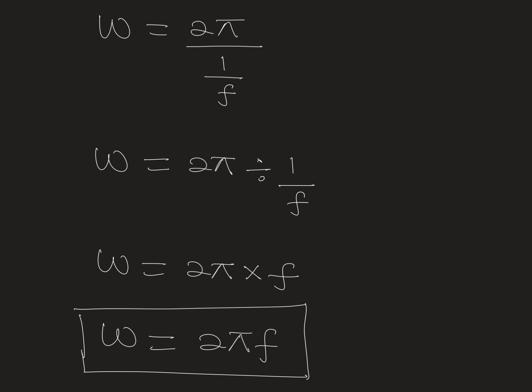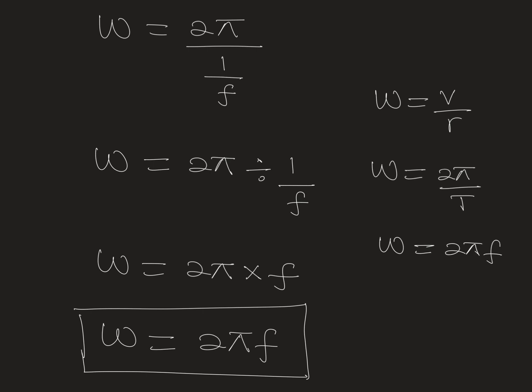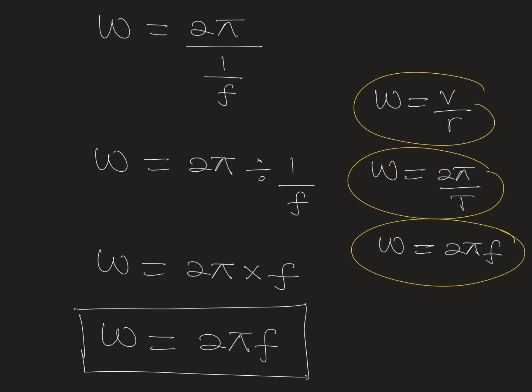You should know that angular velocity omega is equal to v over r. You should know that the angular velocity omega is equal to 2 pi divided by the period, and you should also know that omega is equal to 2 pi f. So these three formulae are important, all right? You should know how to apply them. In the question, if you are given the frequency and you are asked to find the angular velocity, it's just 2 pi times that frequency.